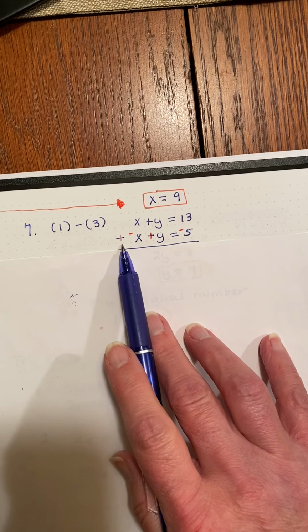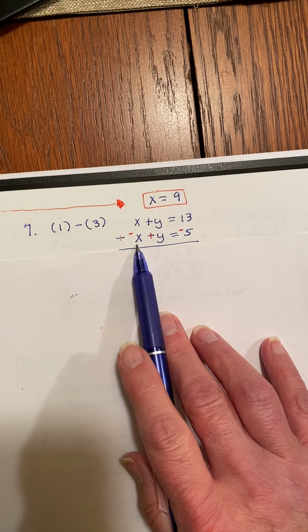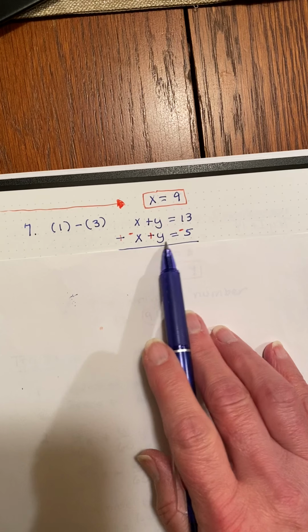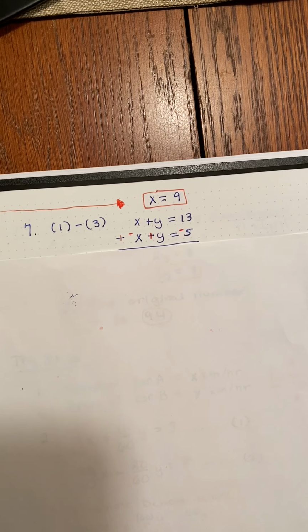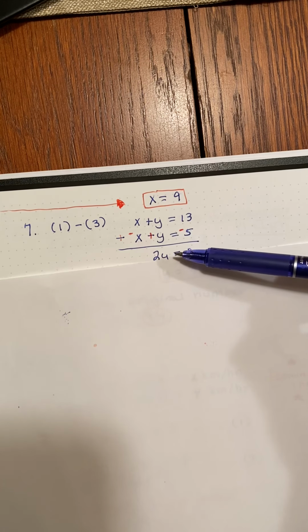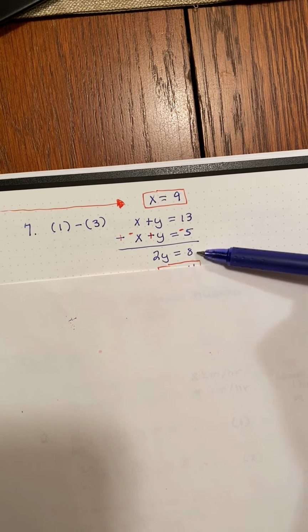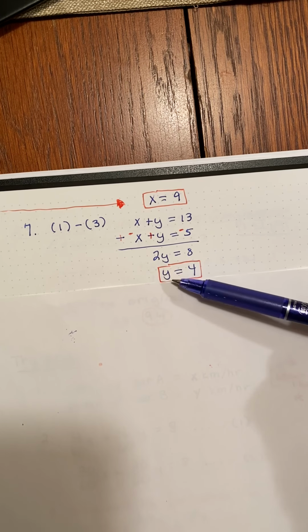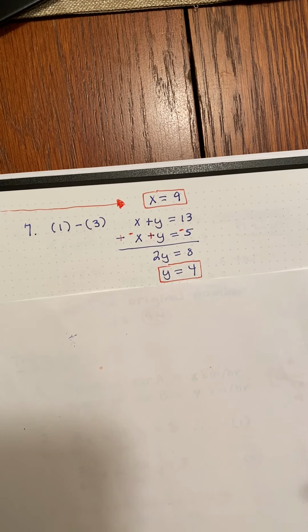So I'm going to add a negative x plus a y equals negative 5. Doing it that way, the x's eliminate, and I'm left with 2y equals 8. Divide through by 2, y equals 4.